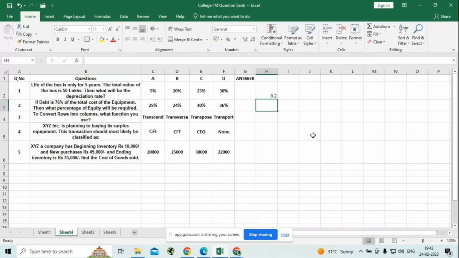So it is nothing but 20%, or let me take it as 100 divided by 5. So it is going to be 20. The answer here is going to be B. Good try.